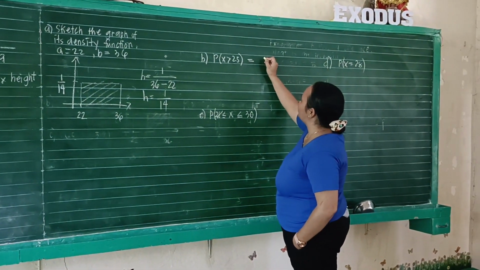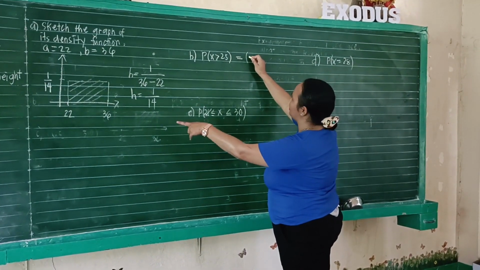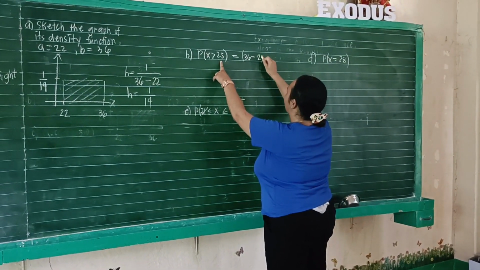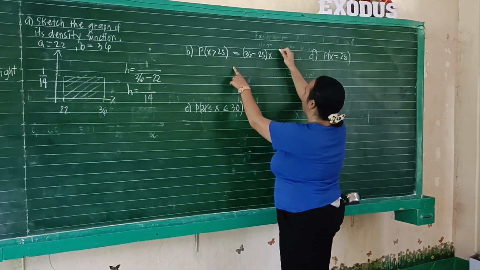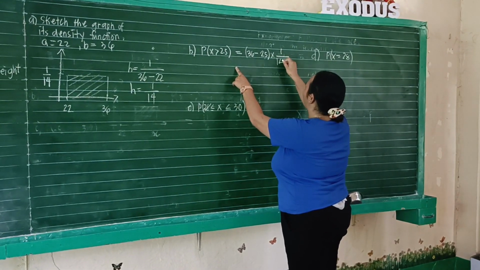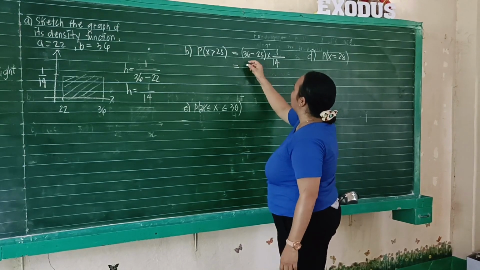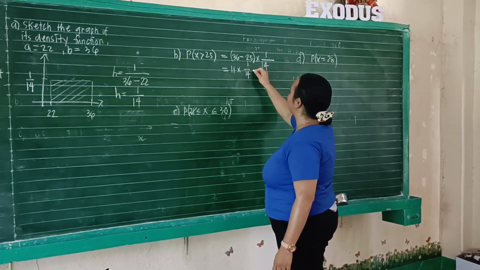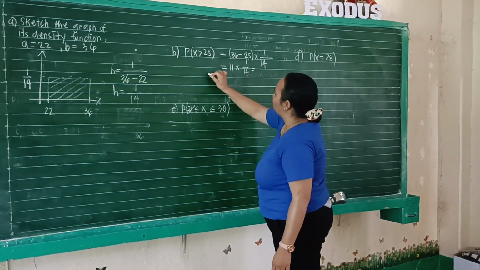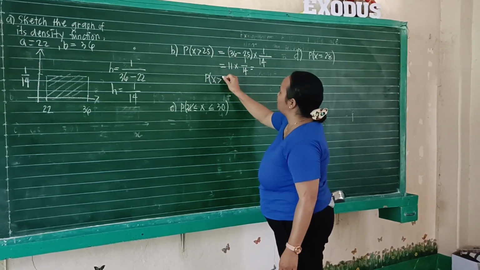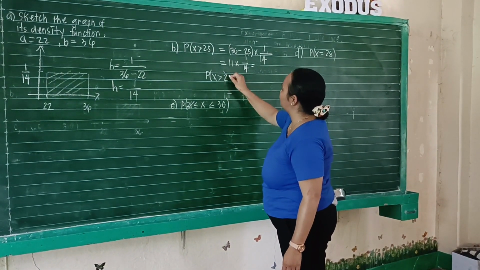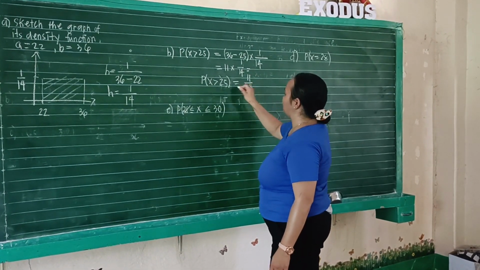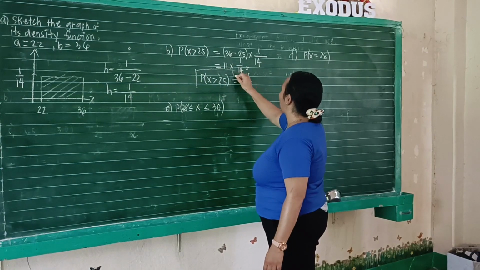So, base na to is pinakadako 36 minus 25 times the height of 1 over 14, which is 11 times 1 over 14. This is just probability of x greater than 25, 11 over 14. So, mo ni siya iya probability.